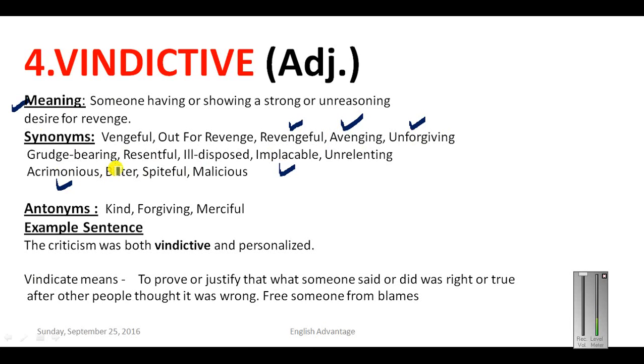Now these two words imply somebody who is very jealous of something or somebody. Spiteful or malicious means somebody who is very jealous and very bitter. The antonyms for this word are kind, forgiving and merciful. There is also a term called merciless. The opposite of merciful is merciless.